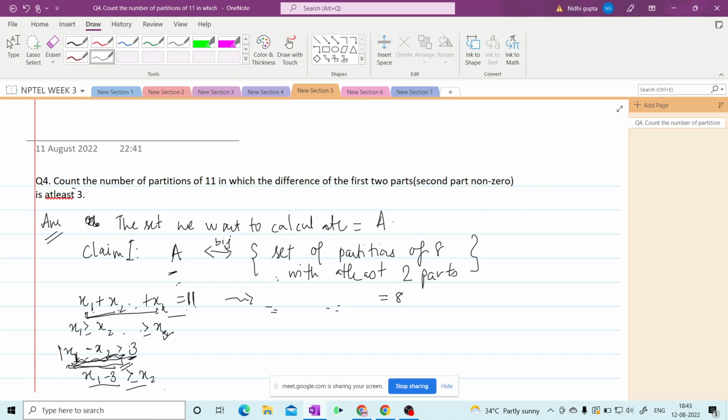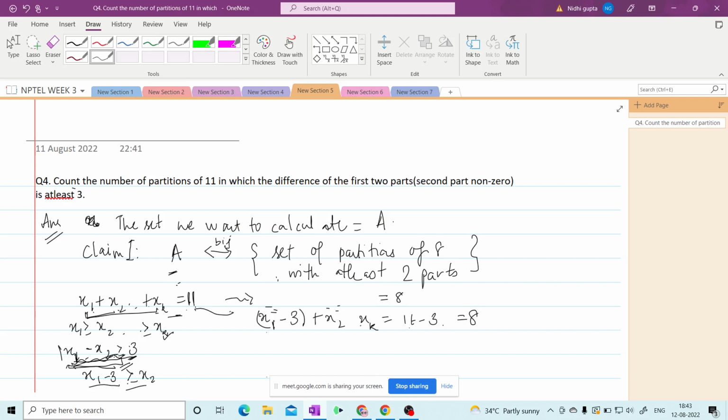So if we subtract 3 from both sides, it remains a partition. It remains a partition because x1 minus 3 is still at least x2, and since 11 minus 3 is equal to 8, it becomes a partition of 8.